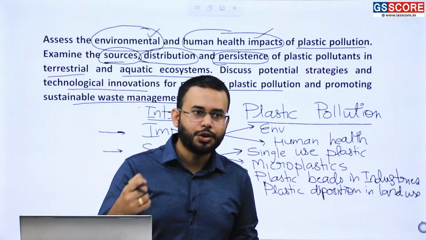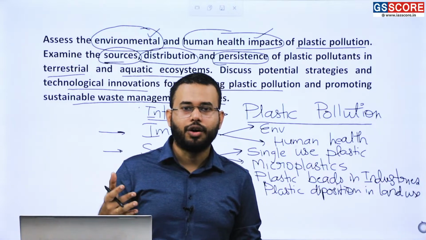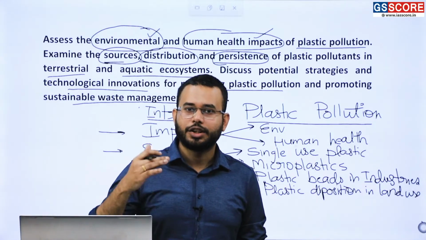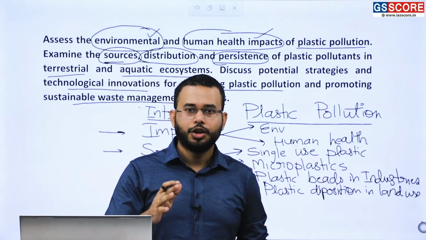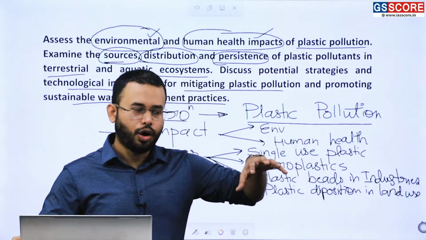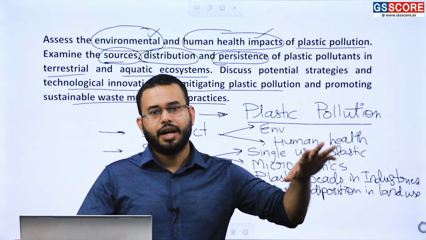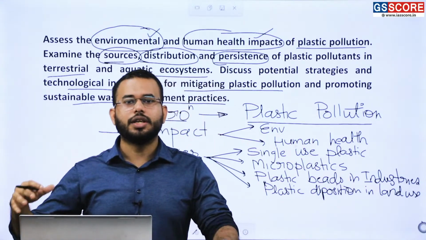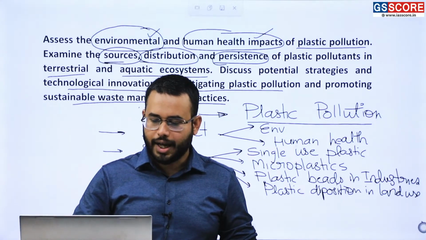So if the consumer is not aware of not using the plastic products, definitely the supply side also has to reduce its production. So both the things are correlated. So if you are curtailing or creating innovation in the supply side, which is the industries, at the same time you need to take care of the demand side as well, which is the consumer awareness. So that also becomes an important aspect, right?